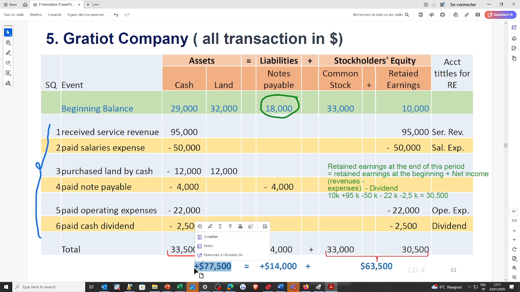So that is what we are going to do with the transactions in US dollar amounts. The last one is the account titles for revenue. It means the retained earnings, sorry. So we have sale, we have service, we have the expense, and we have a dividend.